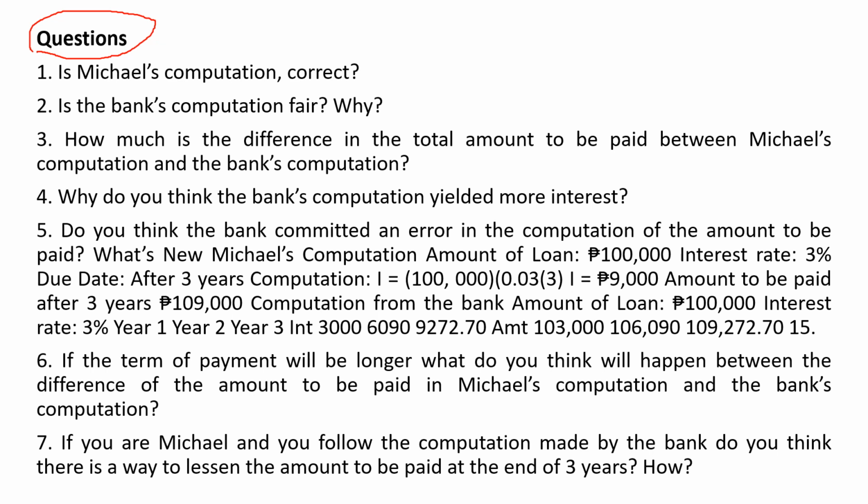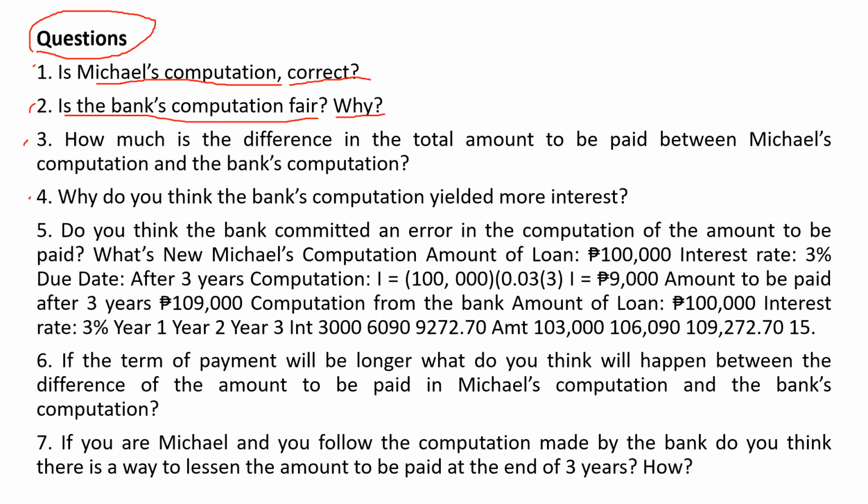So the first question is, is Michael's computation correct? Number two, is the bank's computation fair, and why? Number three, how much is the difference in the total amount to be paid between Michael's computation and the bank's computation?